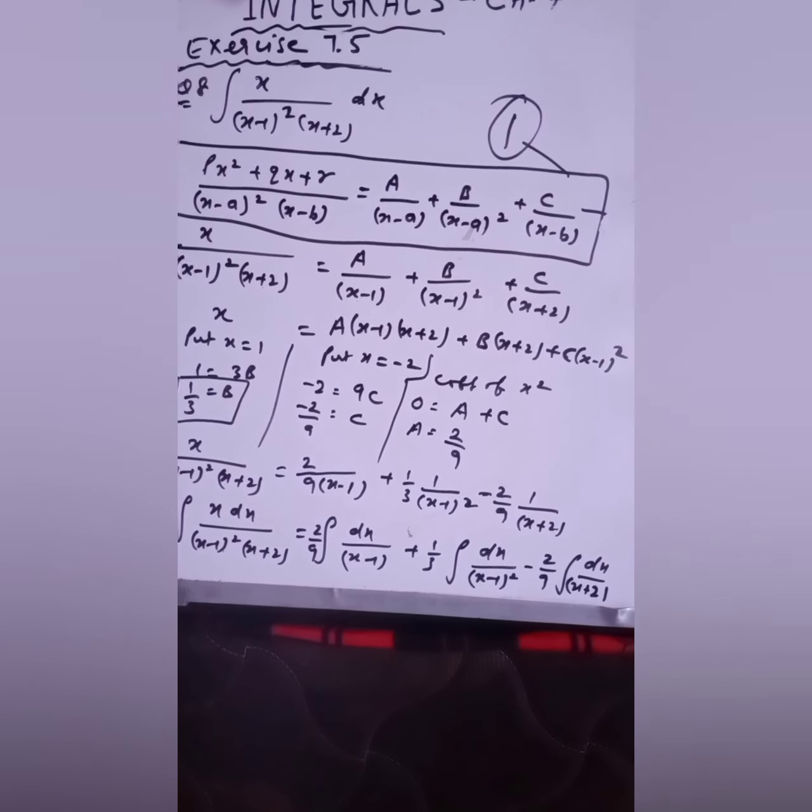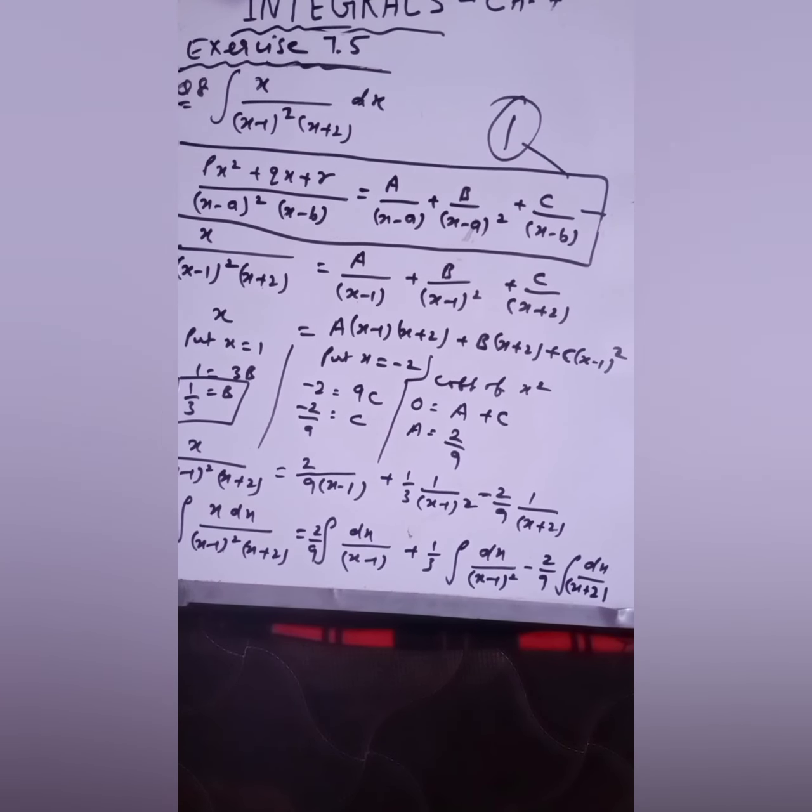Now try the questions of this exercise. Question number 6 I will solve in the next video. Fine. Question number 7, 8, 9. In 9, just you have to find out the factors of the denominator. This is your homework. If you're not able to solve, please ask.